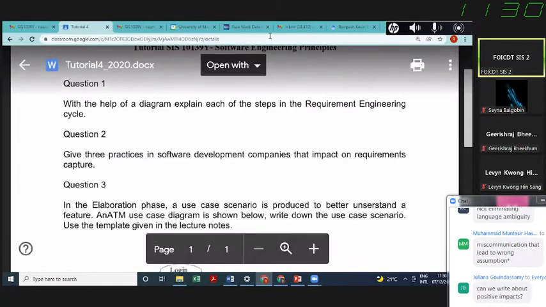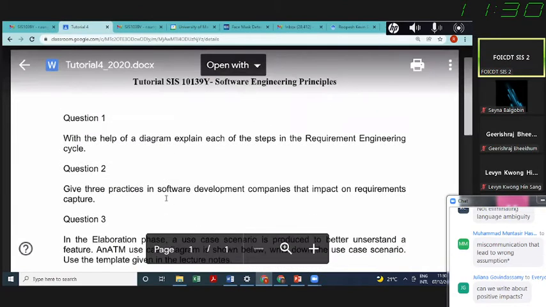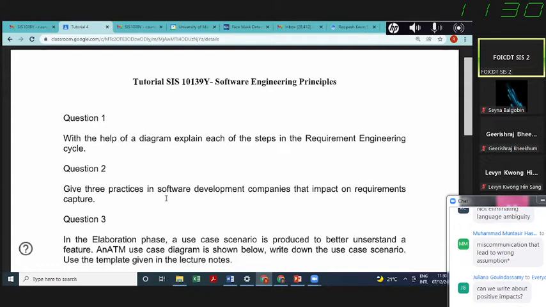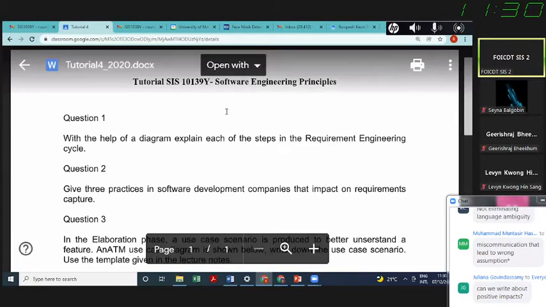Can we write about positive impacts? Impacts on requirements capture, yes, you can write about this as well. For example, it might be impacting positively, because here the question asks for practices for development companies that hinder. If we talk about hindering proper requirements capture, we are talking about the negative aspects. But if we talk about impact, yes, of course we can have a positive impact, Juliana.